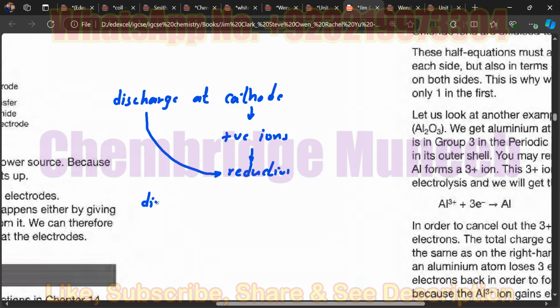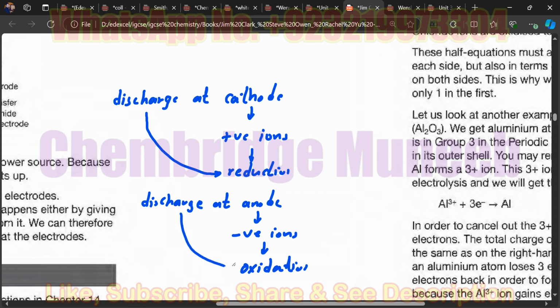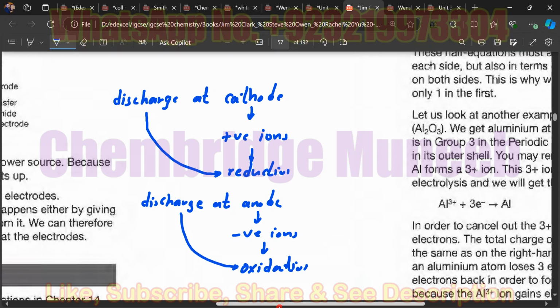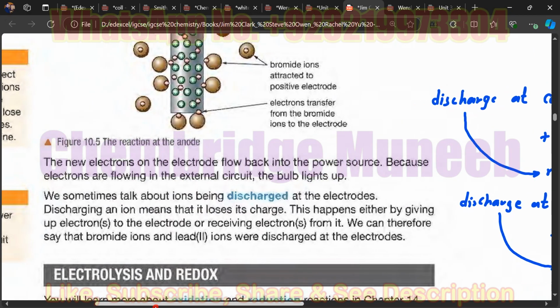And if we say discharge at anode, then on anode we have the negative ions, so they go through the oxidation. So over here discharge would mean oxidation. Is that clear? Yes. All right.